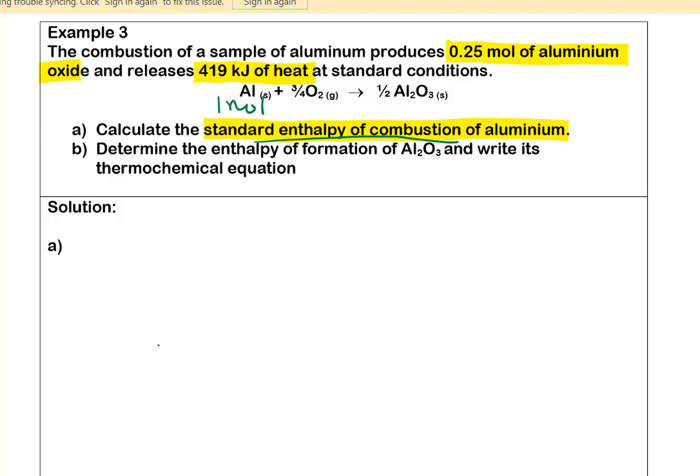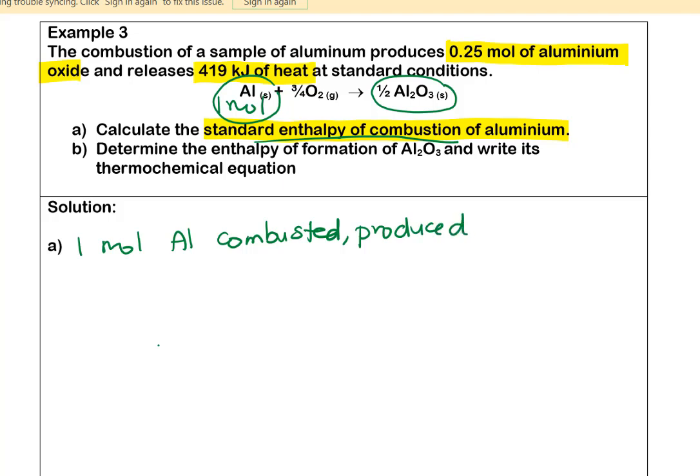According to this equation, when you burn 1 mole of aluminium, it will produce half or 0.5 mole of aluminium oxide.